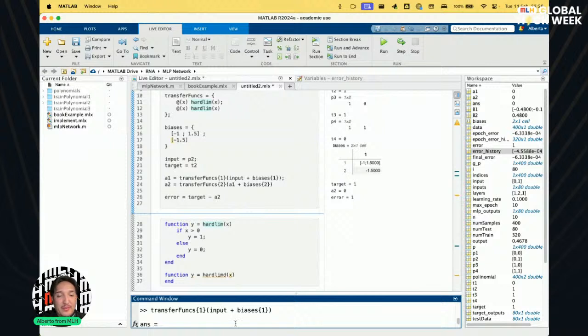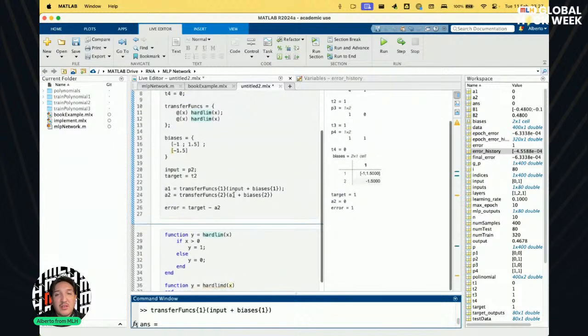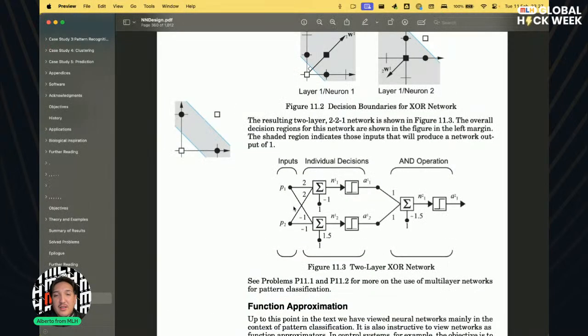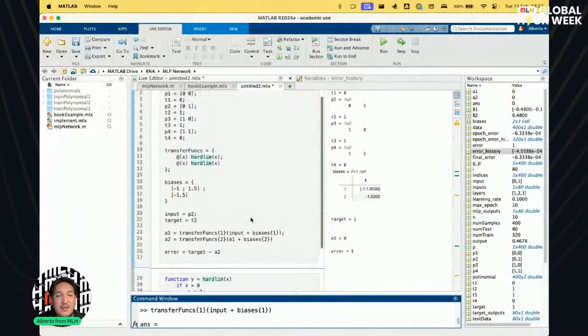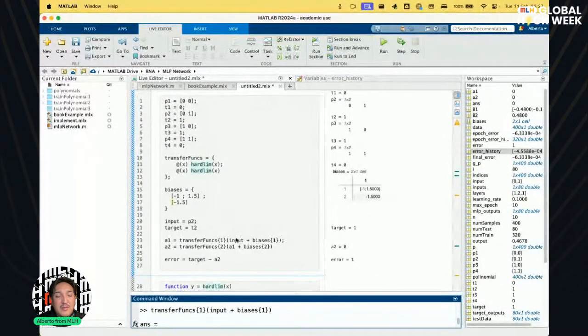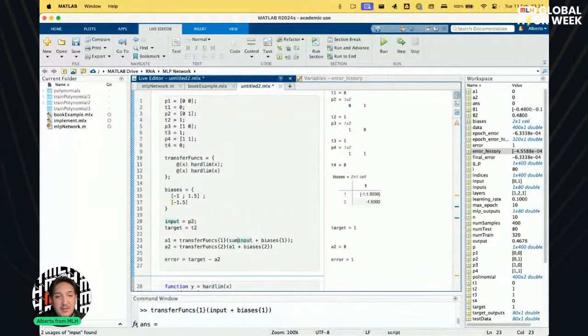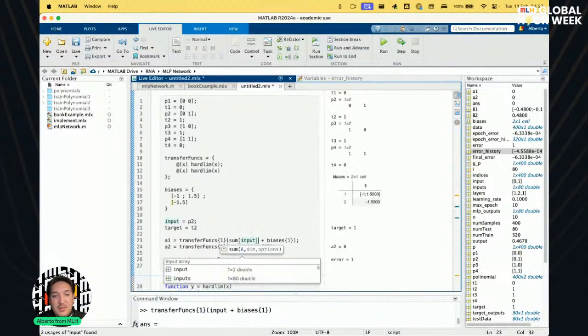Okay, the thing is, it's probably making a wrong comparison here. So we need to sum this. Actually, make the sum of the input.